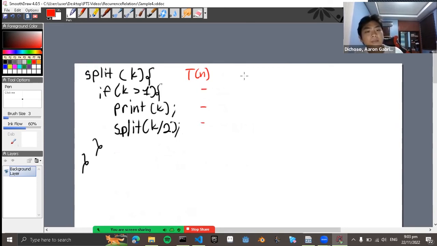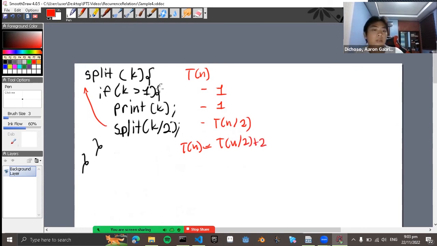So t of n here, the time function, this would have a time unit of 1. This would have 1. This would be the recursive call, which is t of n over 2. That means our t of n is equals to t of n over 2 plus 2 if k is greater than 1. If k is less than or equal to, not 0, but 1, then it would just give out a 1.